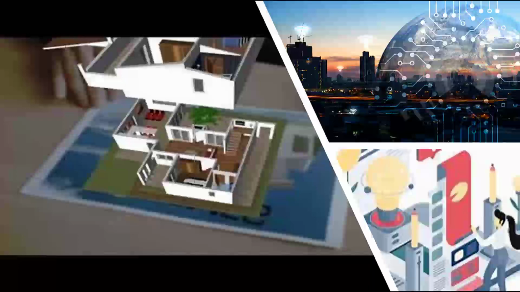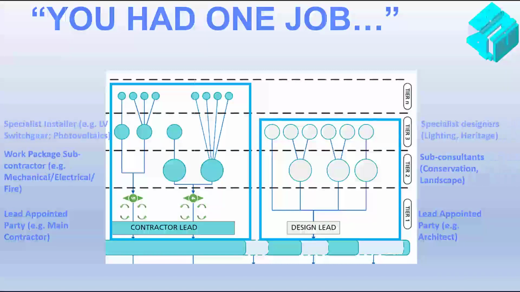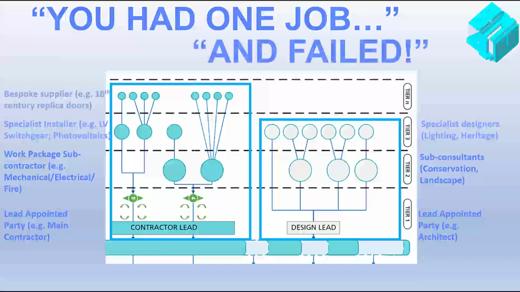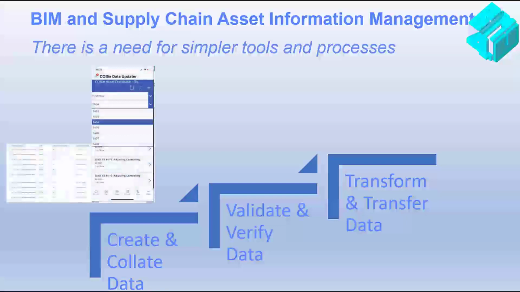Still, when it comes down to providing tools for capturing asset data that are both affordable and easy to use, we have to say to them, you had one job: to provide a repeatable process for collecting asset information from every single tier of the supply chain. You had one job and failed. What's the reason? Well, it's because there's a need for simpler tools and processes.